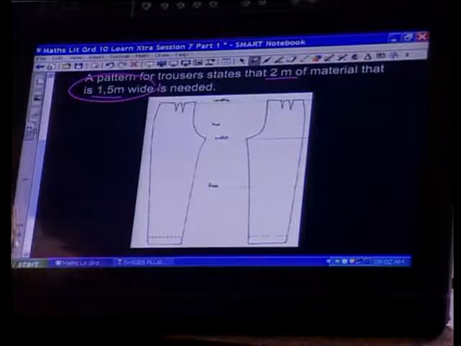You might fall in love with a piece of material, but it's not wide enough. They make material to certain widths, and in this case, the tailor needs material that is 1.5 meters wide. If it only comes in, say, 1 meter wide, you will not be able to use it, because we can't create a patchwork by adding. Then you're going to end up with a seam somewhere along the material. It's not going to work.